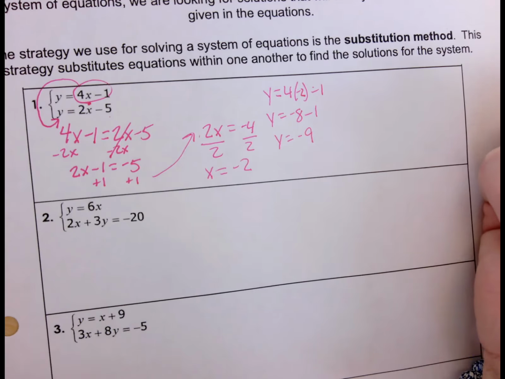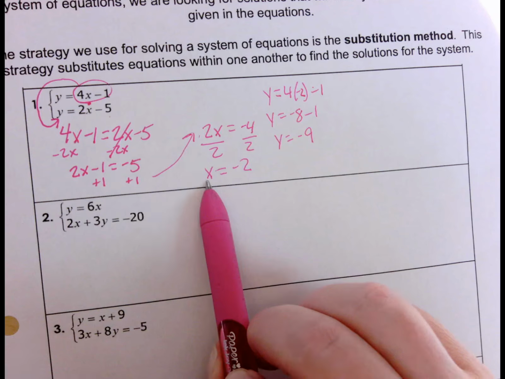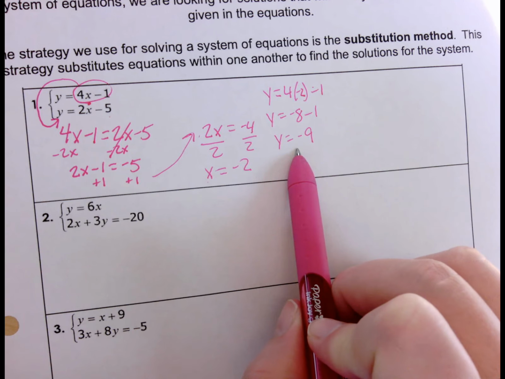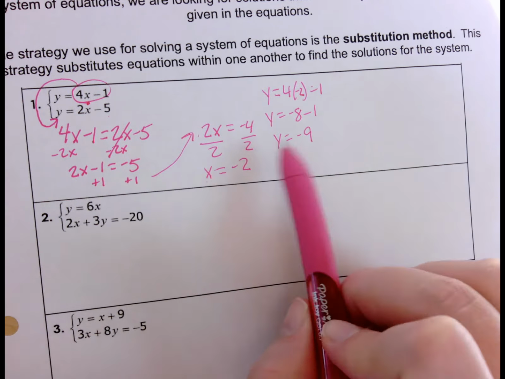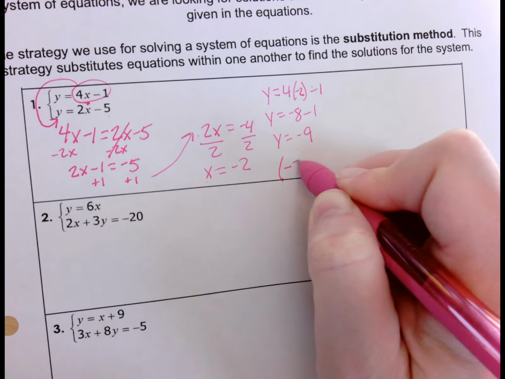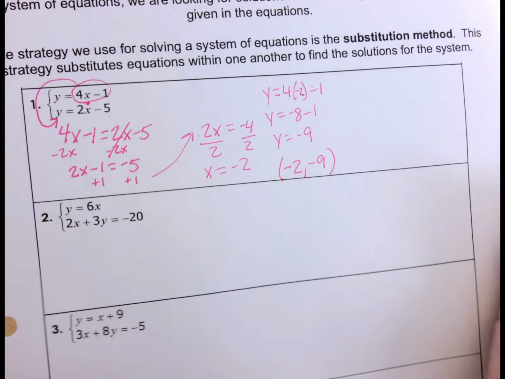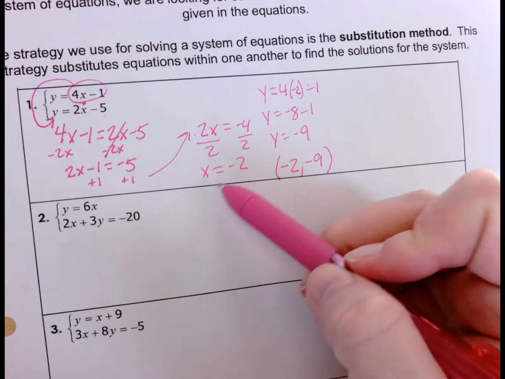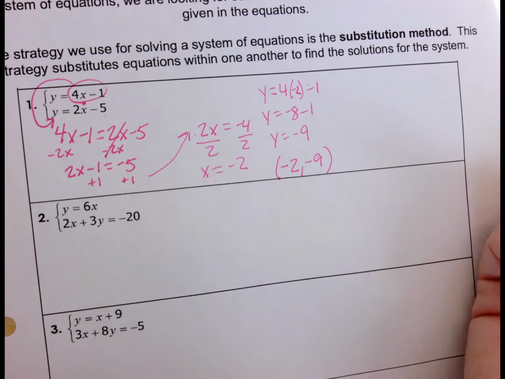Okay, and so notice that in these problems, I have an x and I have a y, which should ring some bells, because a lot of times when we're dealing with coordinate points on a graph, and we're dealing with ordered pairs, it's an x and then a y. So you can actually write your final answer as an ordered pair, negative 2, negative 9. Okay, or you can leave it as x is negative 2 and y is equal to negative 9. Either way.